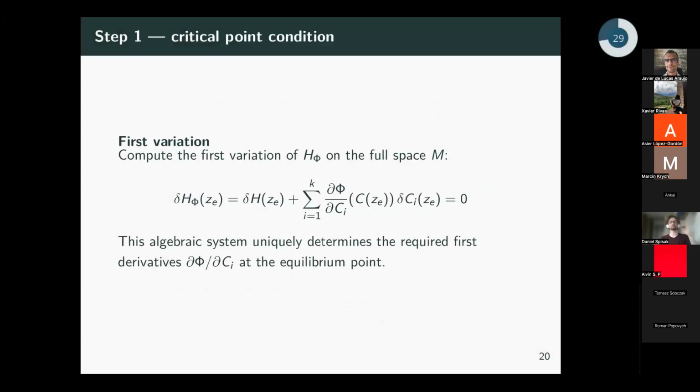So what we now do is compute the first variation on the full space. We evaluate it at the equilibrium point and set it to 0. And what we get is the equation system that determines our phi at equilibrium.